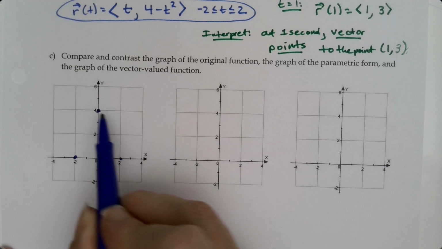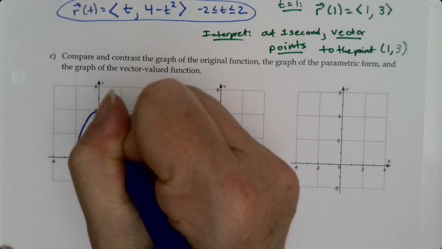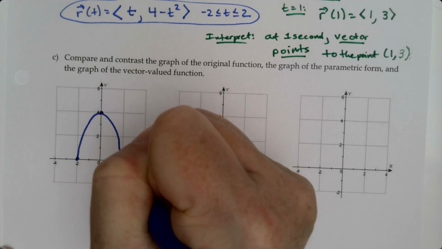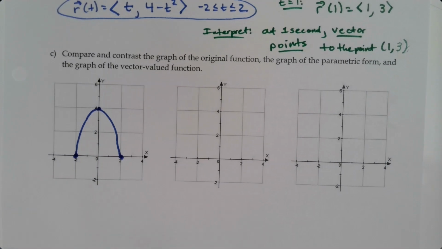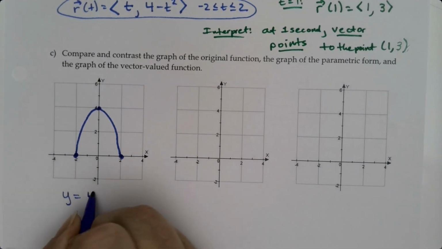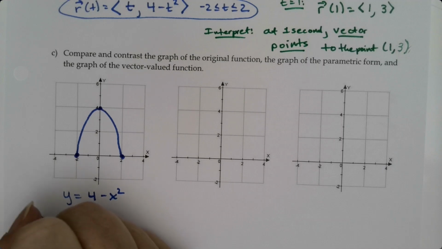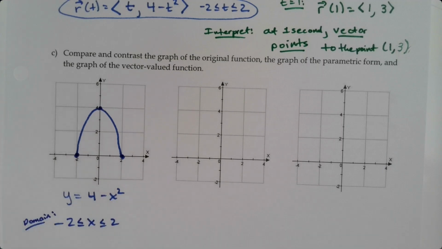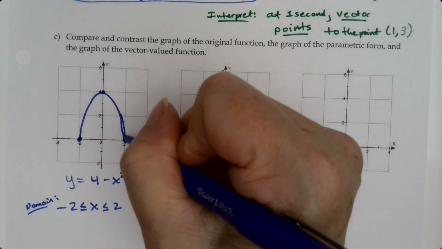It has a y-intercept of 4, and then it points down, right? And we're restricting from negative 2 to 2. So we're actually going to stop right there. So this is y equals 4 minus x squared, where negative 2 is less than or equal to x, which is less than or equal to 2, is our domain. If you remember that term from algebra class. Sorry, my parabola is a little wobbly.